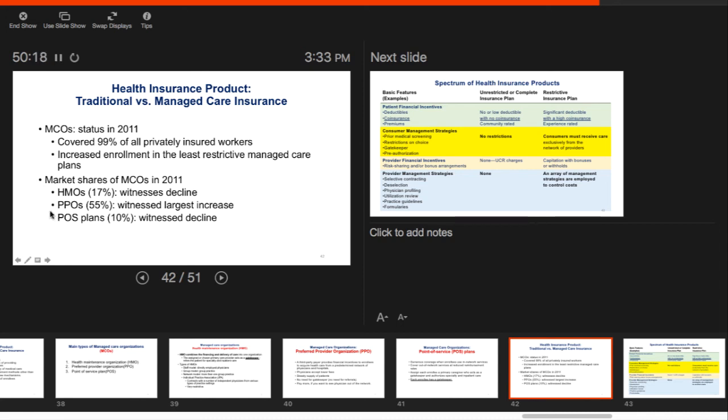The number of people who prefer PPOs is increasing over time, because it's the least restrictive version. 55% of people were under PPO in 2011, then 17% under HMOs, and then 10% under POS. So the number of people preferring PPO is increasing over time.